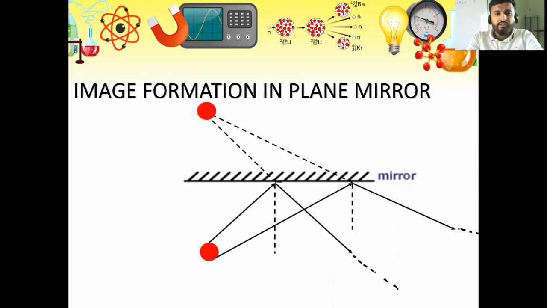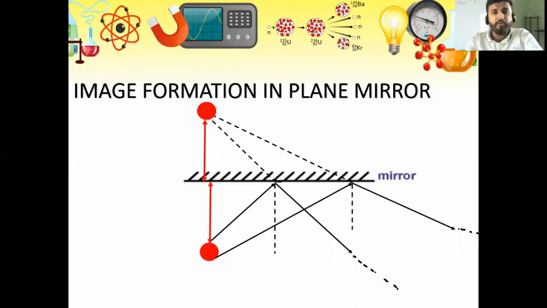So as you can notice, the distance of the ball which we observe inside the mirror, or you can say the image distance from the mirror, is equal to the distance of the object from the mirror. So that is the reason we were able to see the box or the person or the panel in the previous picture at the same distance.